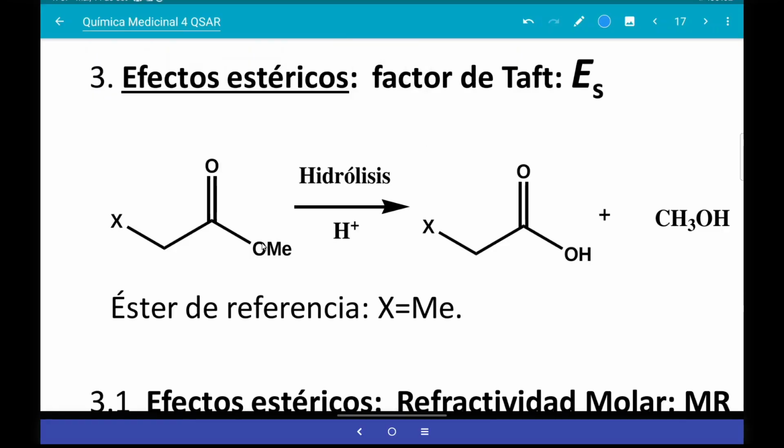The empirical reference system, as this is measured, is no other thing than the hydrolysis of a reference ester. The reference ester is the one where X, what is connected here, is a methyl group. That is, this would be a methyl.